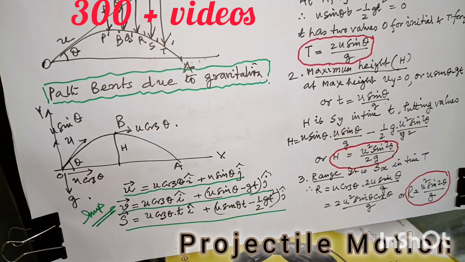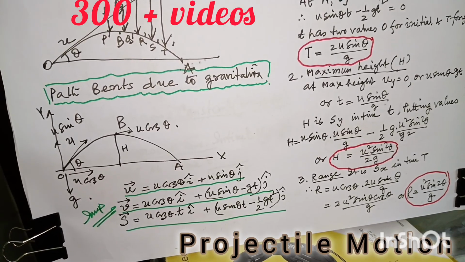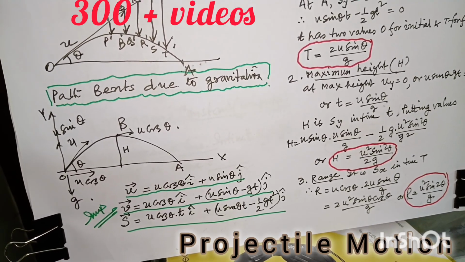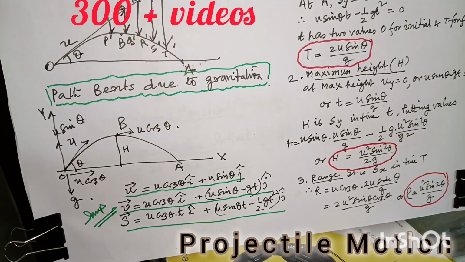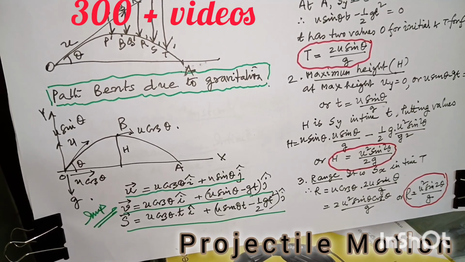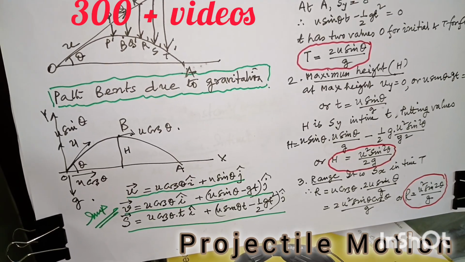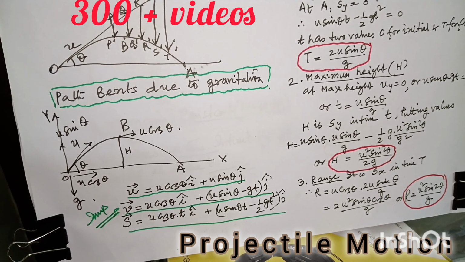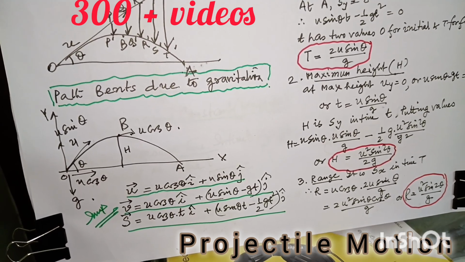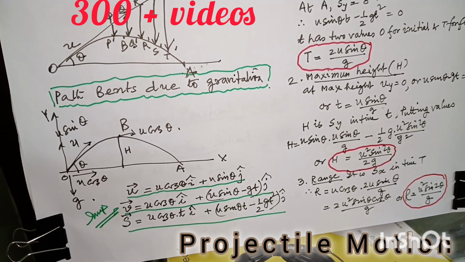Now the initial velocity u can be resolved into two directions: x direction, that is along the ground, and y direction along the vertical line. So let us take the vertical component and horizontal component. There will be u sin theta and u cos theta.